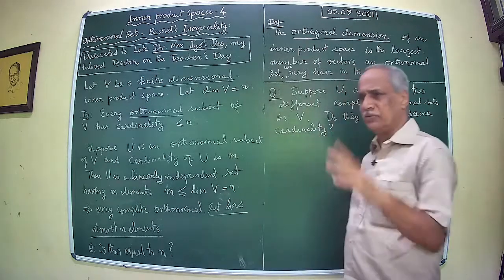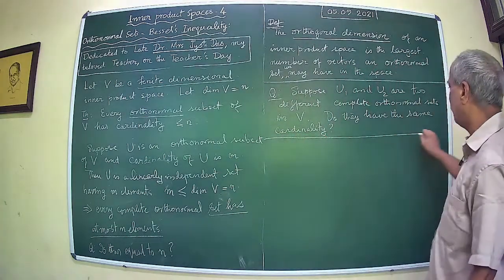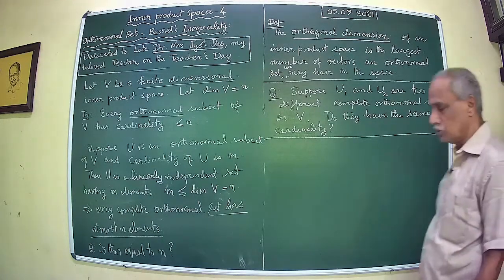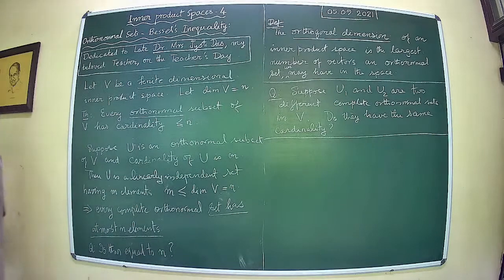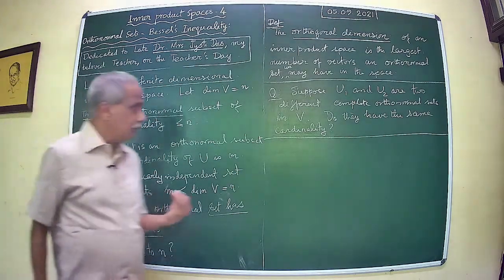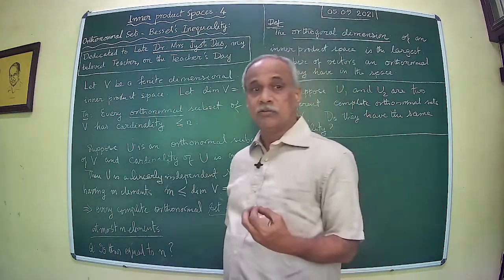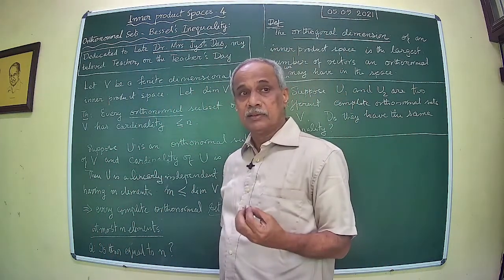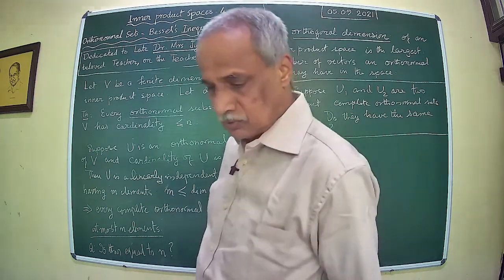This is something that we are going to prove. So you will have to wait until we introduce the so-called Gram-Schmidt process of constructing orthonormal vectors from a basis for an inner product space.